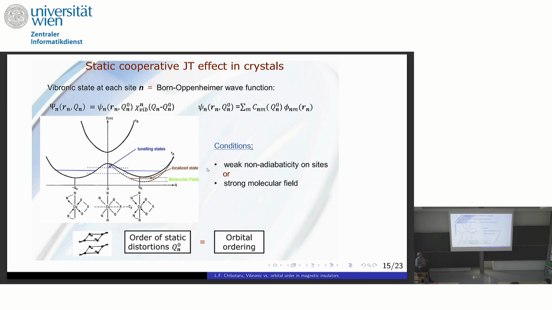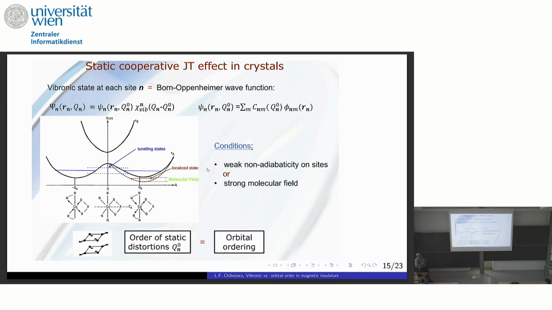In the case, for instance, of the E⊗b Jahn-Teller problem, if you have some gap introduced, then you have vibronic dynamics, you have tunneling states. But if you have a strong enough molecular field due to the presence of other molecules, which are also distorting, so it's a cooperative effect, you can localize this state and it becomes just vibration on the well.